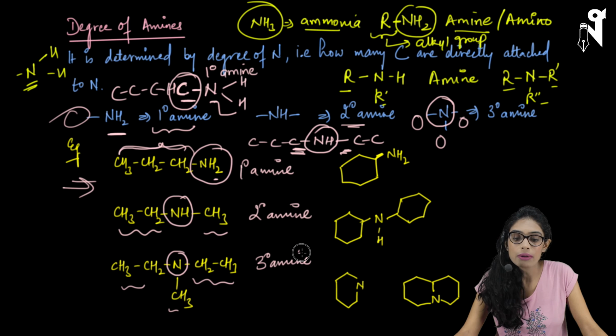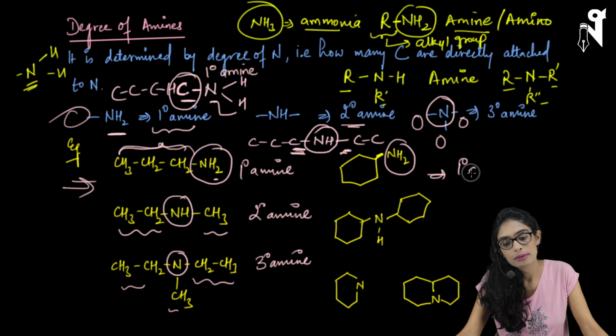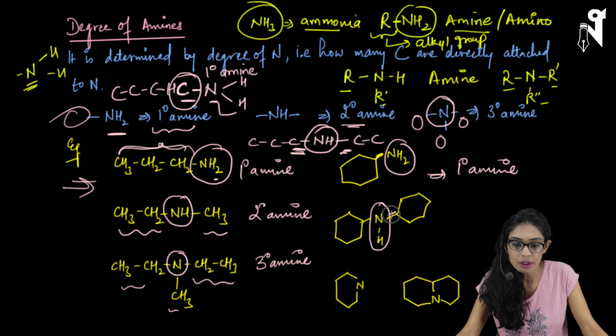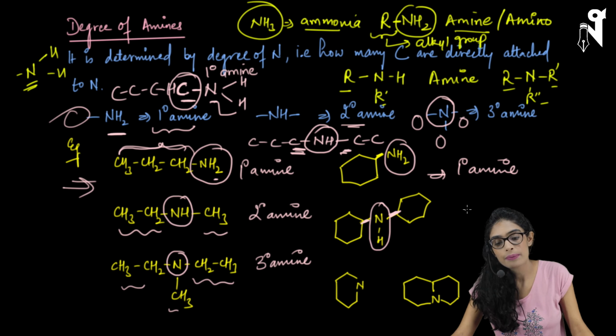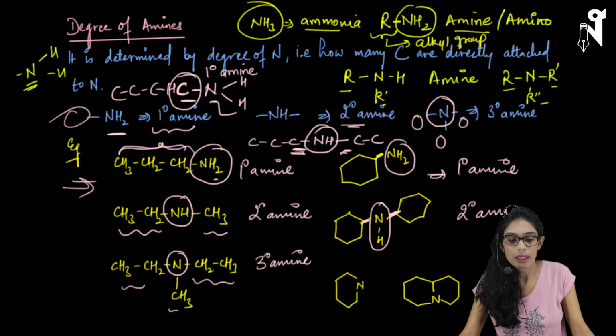Now look at this compound: NH2, primary amine. There is NH, and it is attached to one carbon chain over here and another carbon chain over here. So it is connected to two carbon chains. It is a secondary amine. Look at this, nitrogen here. I think I have not written hydrogen over here, but you have to use a bit of common sense.